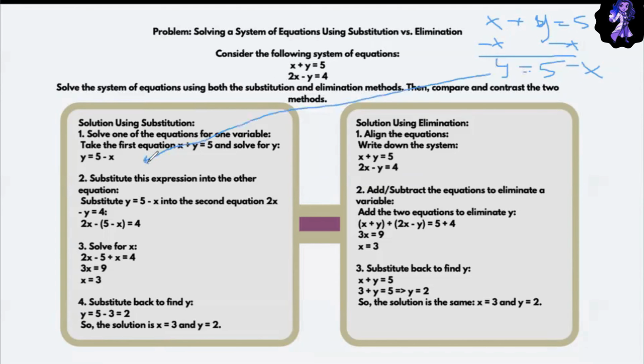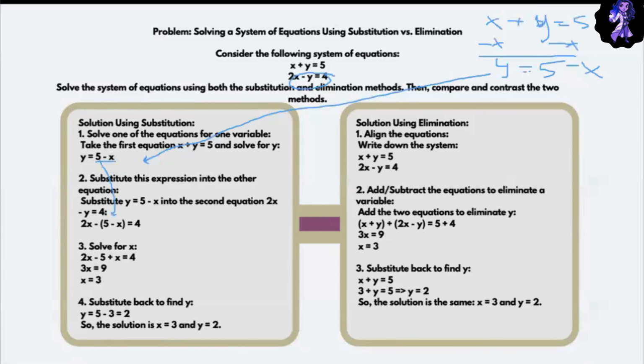And then we can plug that into our second equation. With this second equation, we plug in that y into that space, which gives us 2x minus, open parenthesis, 5 minus x, where we're substituting that in for our y, equals 4.